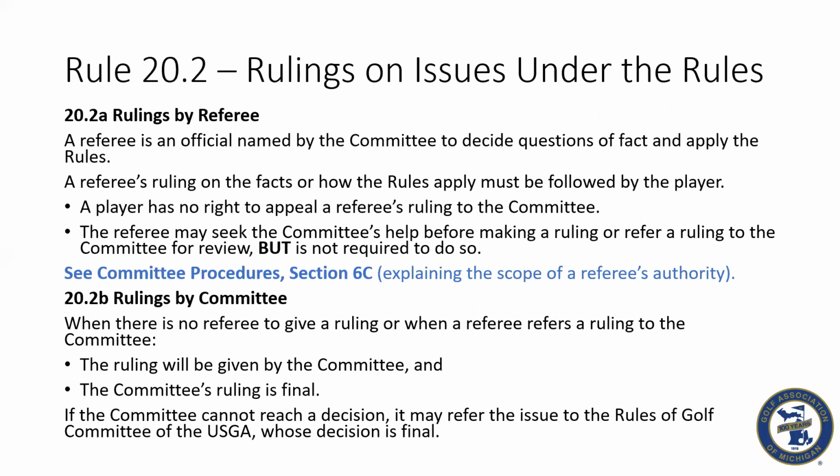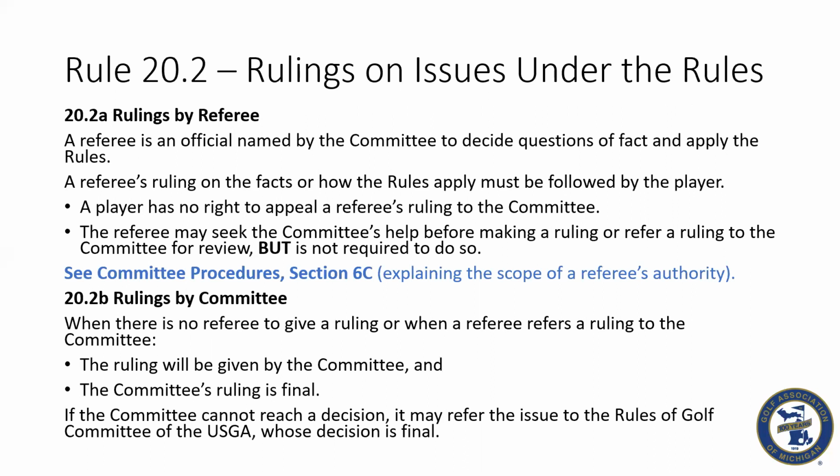Well, the minute you call them a referee, doesn't Rule 20.2A apply, that the player has no right to appeal? It says that the referee can call in help, but it doesn't give the player that right. Because it says the player has no right to appeal a referee's ruling. Right.